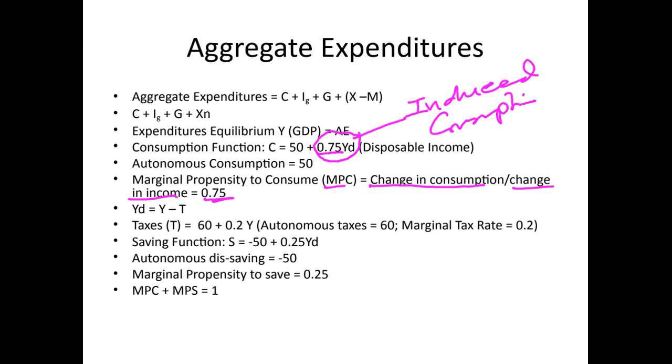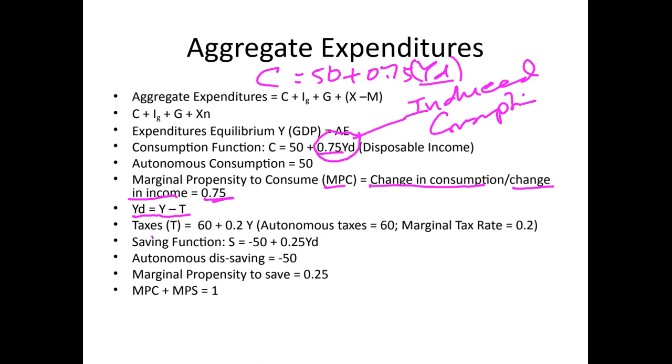Then we have another term. So that's all as far as the consumption function is concerned. We just assume that the consumption function is 50 plus 0.75 YD. But the problem is we have YD here. YD, that is disposable income, I told you, is actually Y minus taxes.